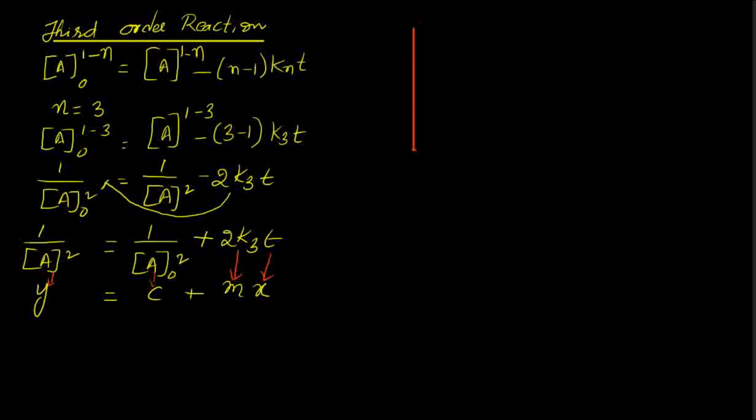So the graph: this is the y-axis, this is the x-axis. On y-axis 1 by A power 2, and on x-axis time t, and the slope with intercept.